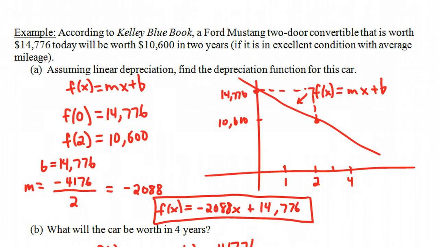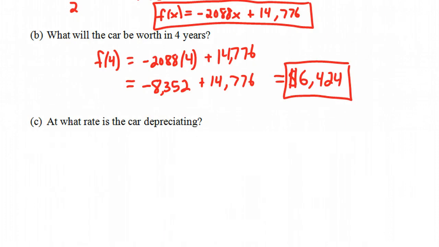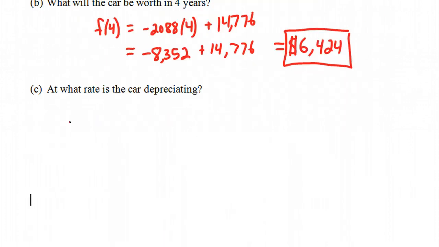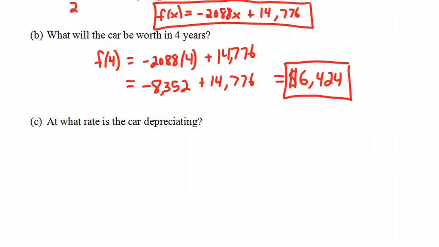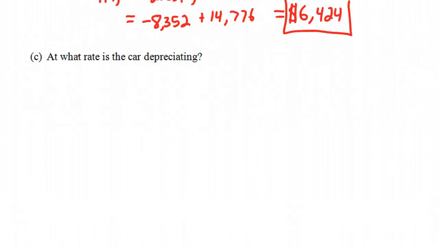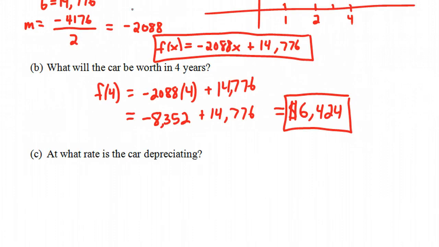Notice the car is going down in value. Initially, it's worth $14,776. Then 2 years later, it's $10,600. And then 2 years later, after a total of 4 years, it is worth $6,424. And the final question here is, at what rate is the car depreciating?